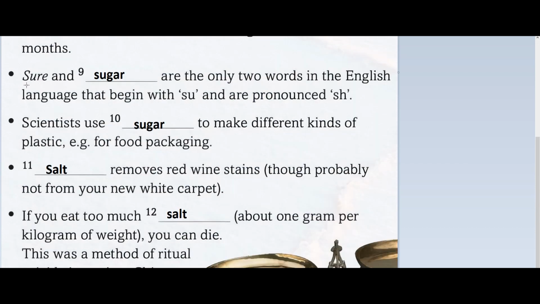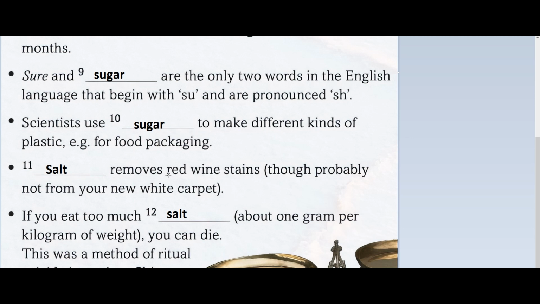Дальше такой факт. Слово sure, уверен, and sugar, только два слова в английском языке, которые начинаются с букв SU, а произносятся как ш. Интересно. Ученые используют сахар, чтобы производить различные виды пластика, например, для упаковки еды. 11.